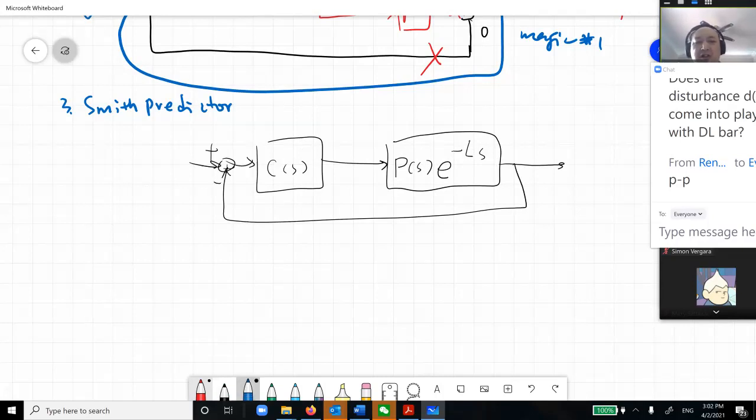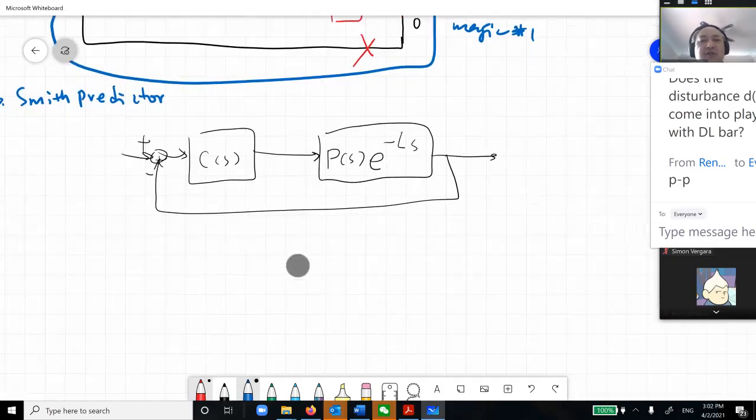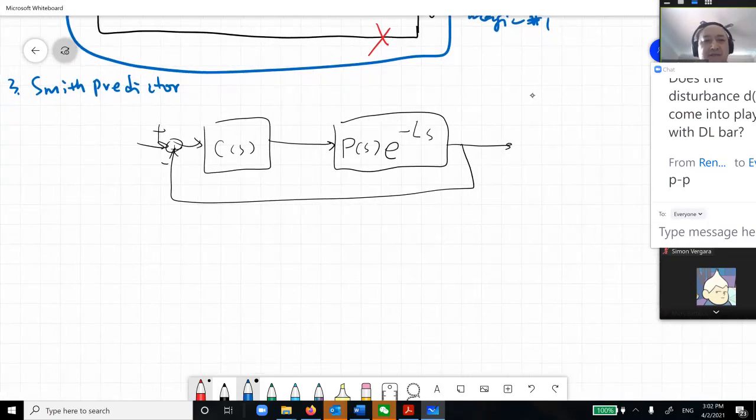So your closed loop transfer function is like this: C P e^(-Ls) over 1 plus C P e^(-Ls). This is my T.